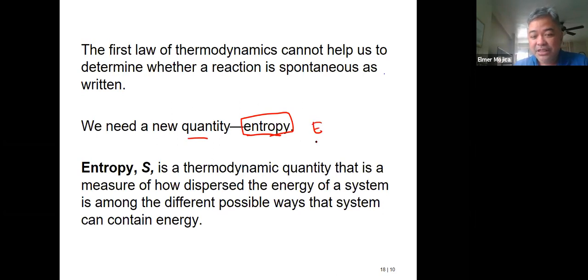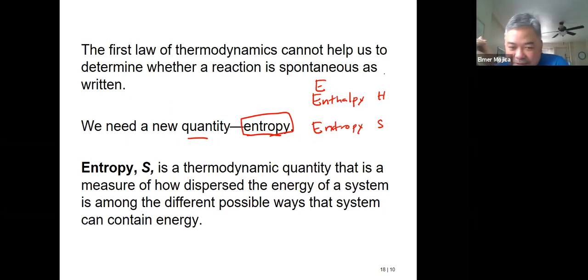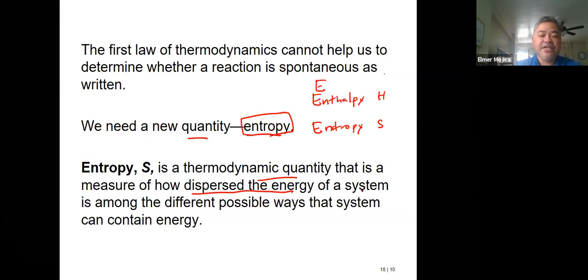So they need another quantity, and it comes in the form of another letter. Your enthalpy is H, your energy is E. I like E because my name also starts with the letter E. So to prevent confusion, if enthalpy is H, your entropy is letter S. So what is this entropy? Entropy is a thermodynamic quantity that is a measure of how dispersed the energy of a system is among the different possible ways that a system can contain energy.